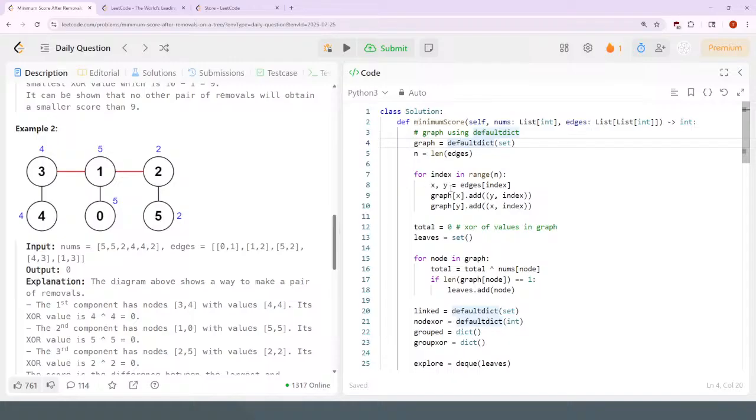To form the graph, I'm going to go through every edge that's available. A and B, or X and Y, are the nodes of that index, and then I'll add onto the set of connections for some node X the neighboring node and the edge index.